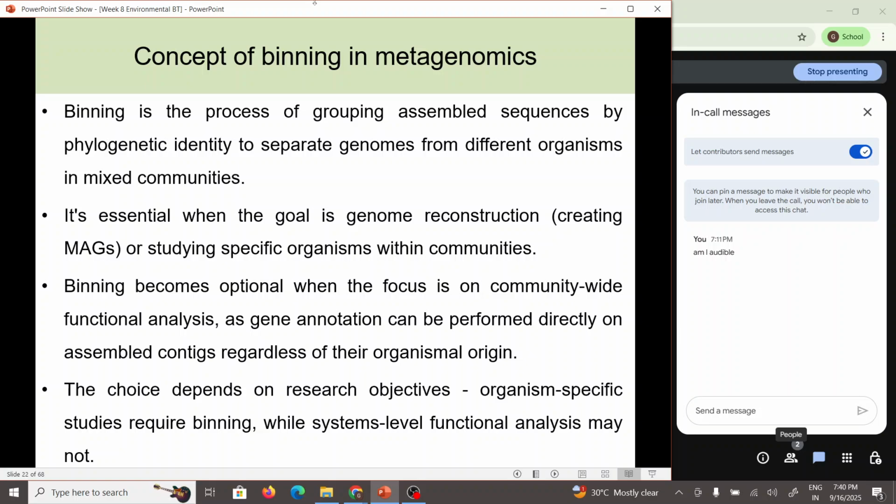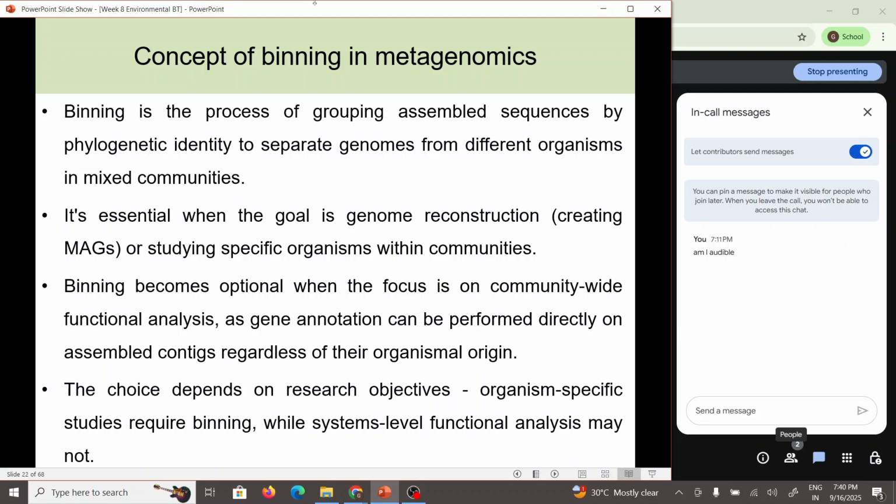This is called gene annotation. This gene annotation process, which is the mapping of the sequence to a particular function, can be performed directly on the assembled contigs. We need not know to which organism a particular assembled contig belongs. That is why in case of community-wide functional analysis, binning becomes an optional step.